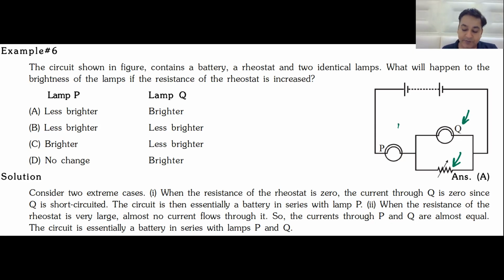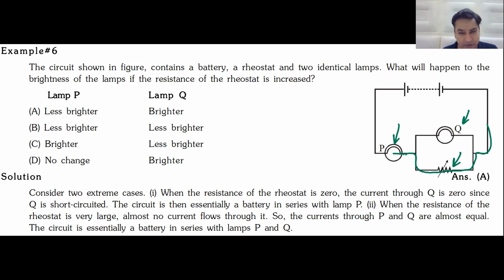So lamp P would be the brightest and Q will not glow at all. Yes or no? Once you have the resistance of the rheostat as 0, the current will just flow like this.